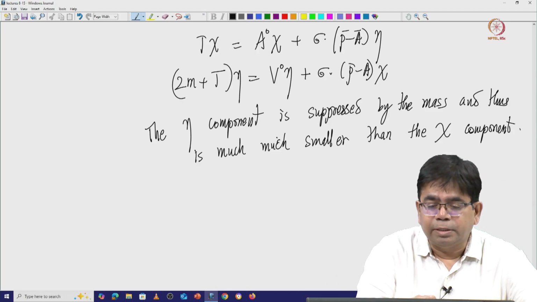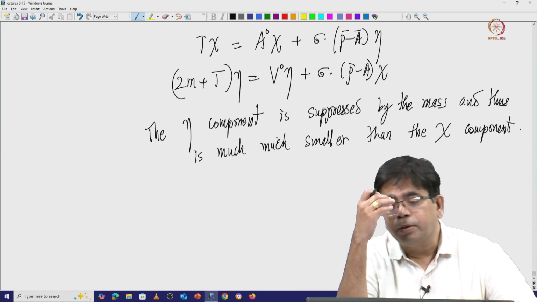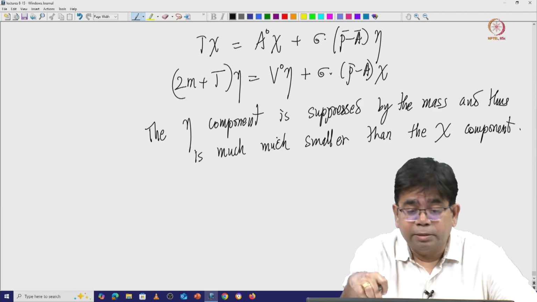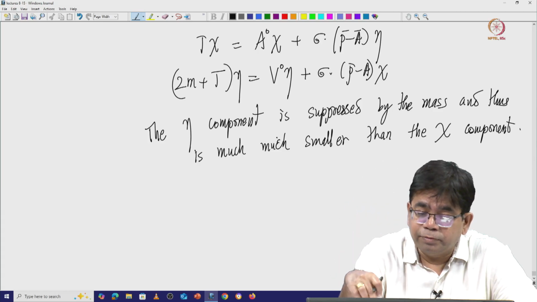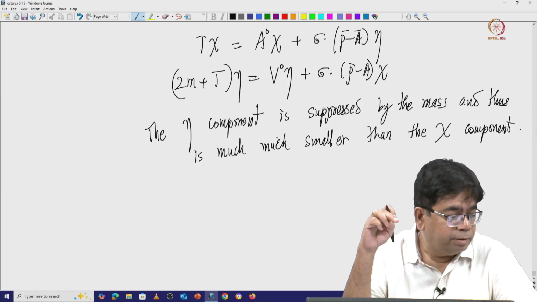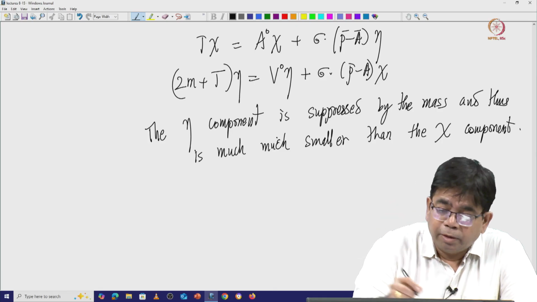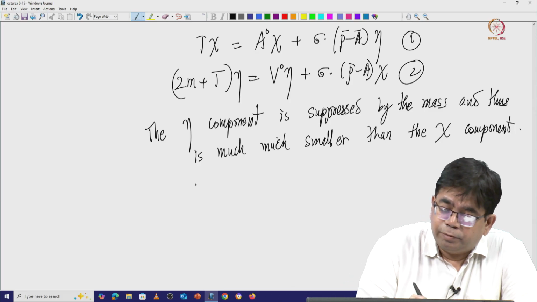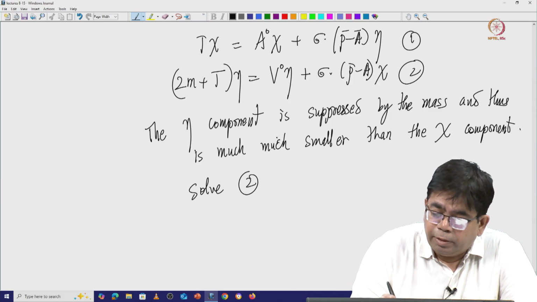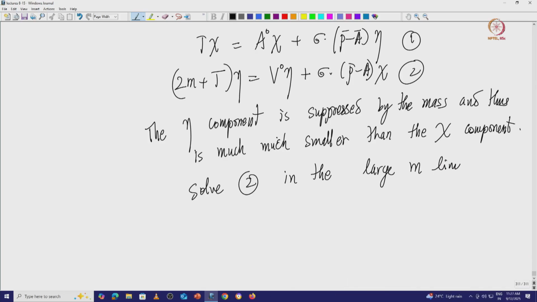Because this is 1 by m, it will always be very small. So you can put this eta solution, in terms of sigma by P minus A by 2m, back into the chi equation. So you solve equation 2 in the large m limit and put it in 1.